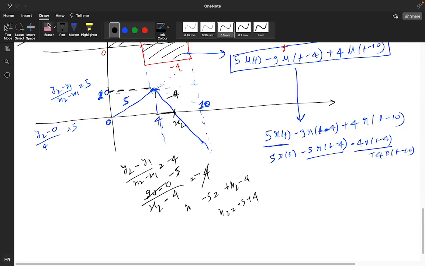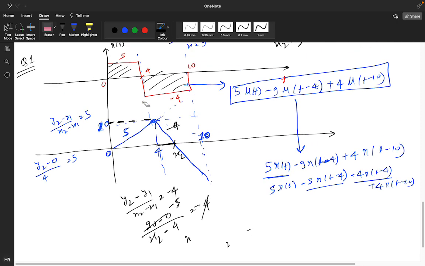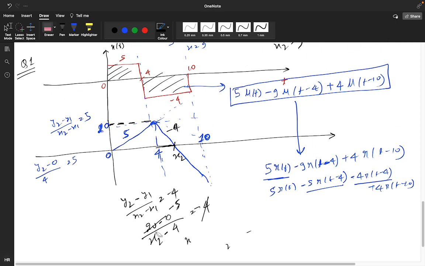I think we are making some mistake, that's why it's not coming. Y2 is 20, okay, and y1 is 0. X2 minus 4, okay, minus 5. So minus 4 and 20, it will be minus 5 only, and x2 minus x1. So x2 minus x1, I'm assuming this as minus 4.